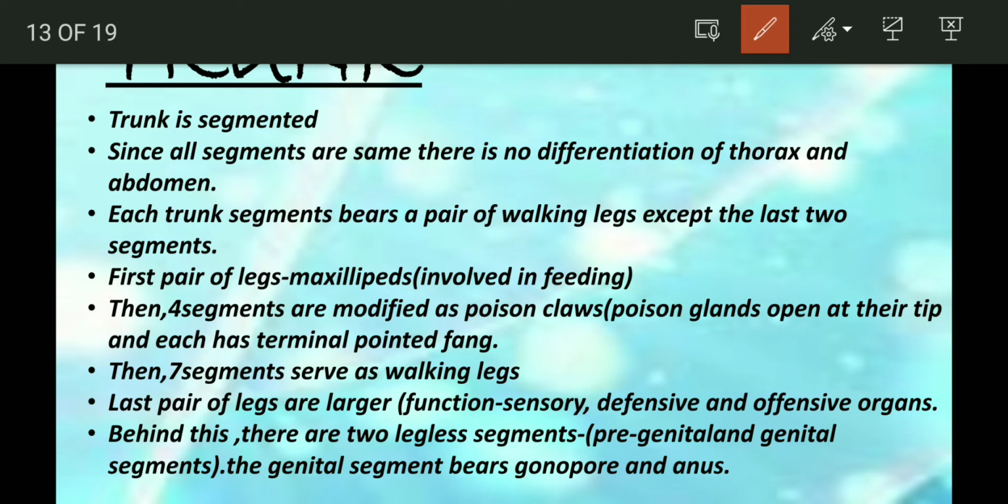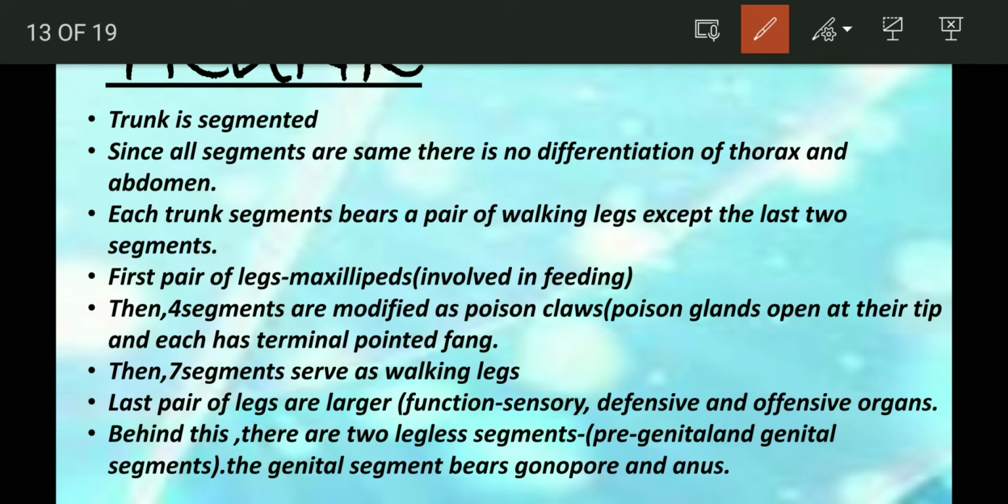Behind this, there are two legless segments. As I have told you, there are two segments which don't bear any legs. They are basically involved in reproduction, that is, the genital segments. The genital segments bear the gonopore and anus. So let me summarize all these things. The first segment bears the maxillipedes.